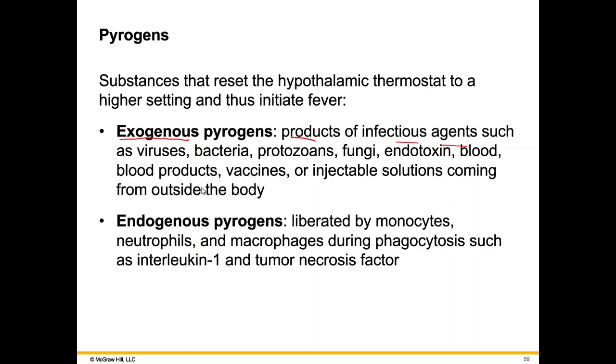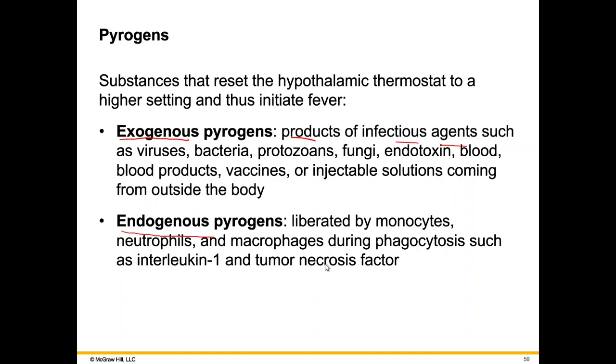Vaccines can cause fever. Any kind of injectable solutions coming from outside the body in general, and a vaccine would be an example. Those are all pyrogens. They can initiate fever.